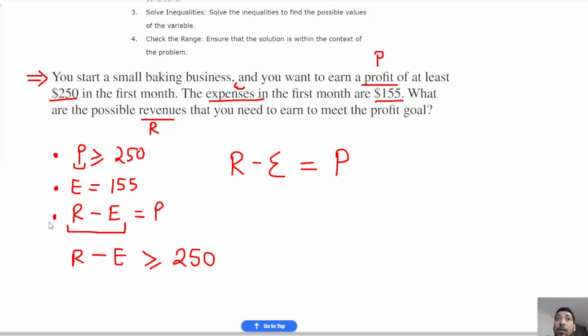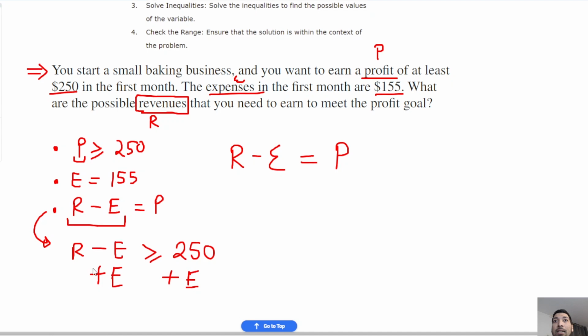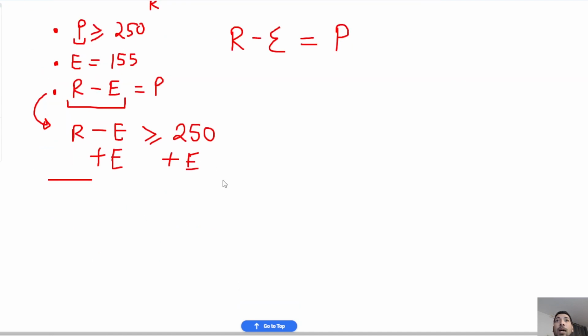My problem statement is asking us to find the possible revenues, which means I need to isolate the variable R. To isolate R, I add E on both sides. So I have R greater than or equal to 250 plus E.